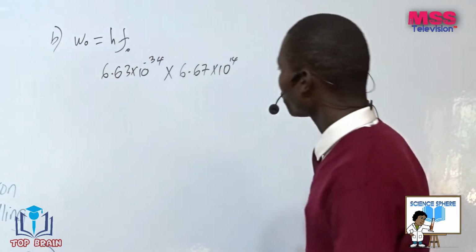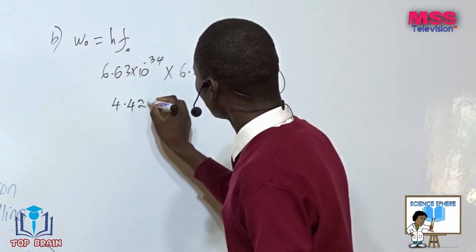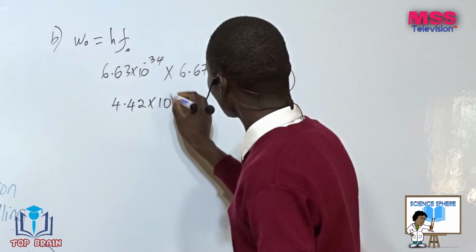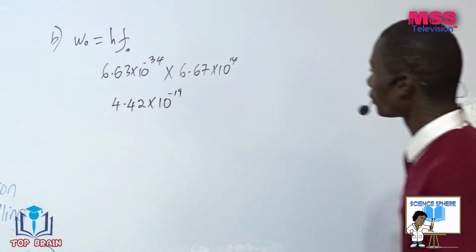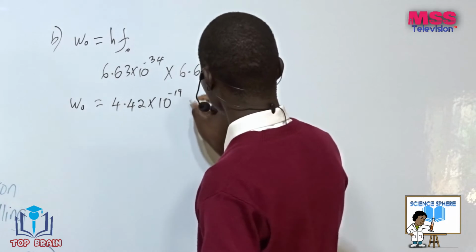If you do it correctly, you are going to get your work function as 4.42 times 10 raised to negative 19. That's joules.